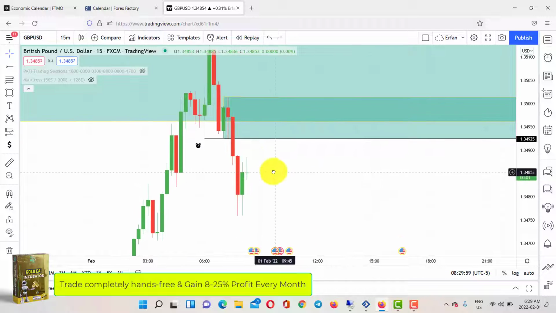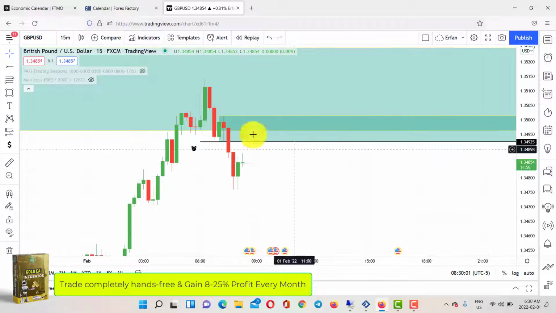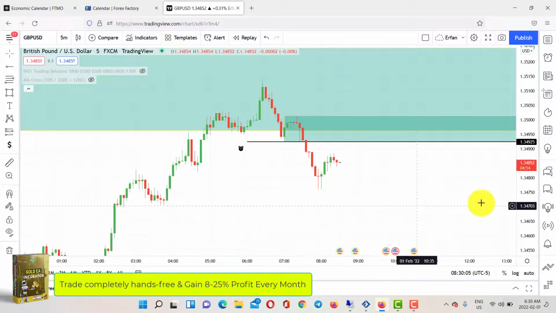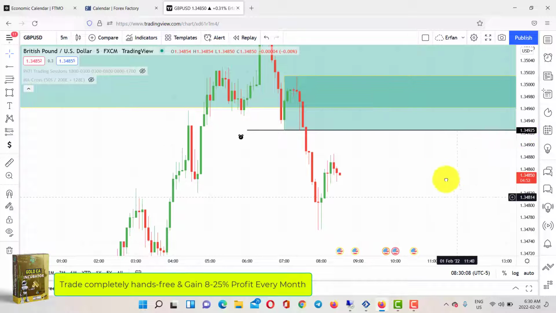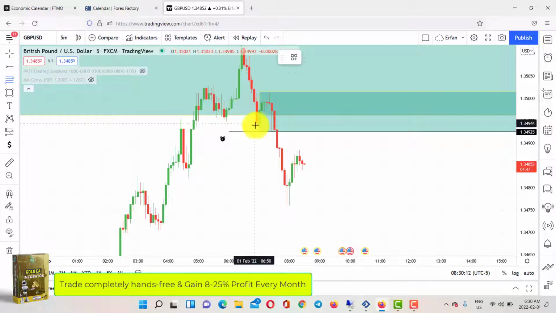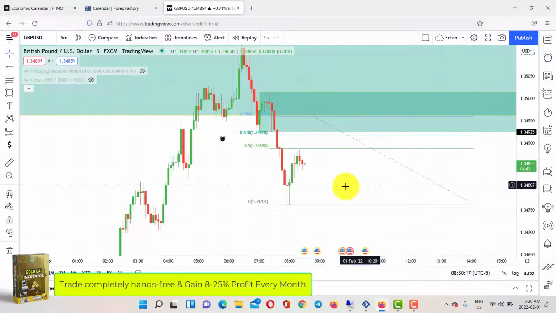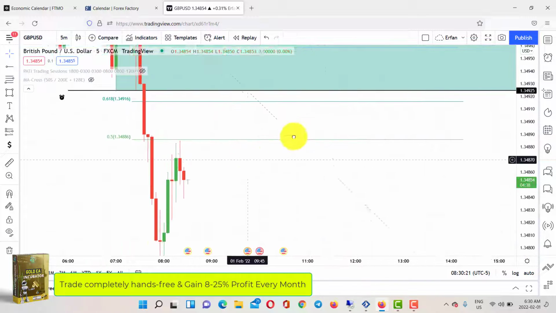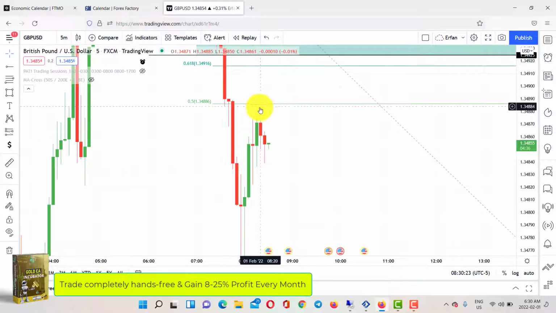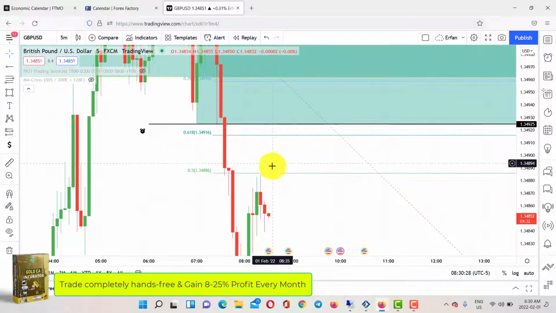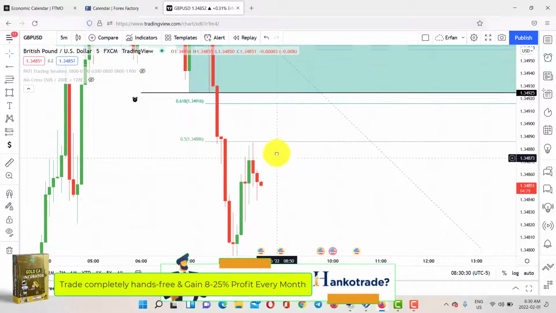If it happens. And I've set my alarm here, guys, in 50 minutes, in 5 minutes. Let's go to 5 minutes to see where it is exactly. See, we had this drop, pullback, drop. This is trying to reach the 50% level, but I'm not gonna wait for this 50%.